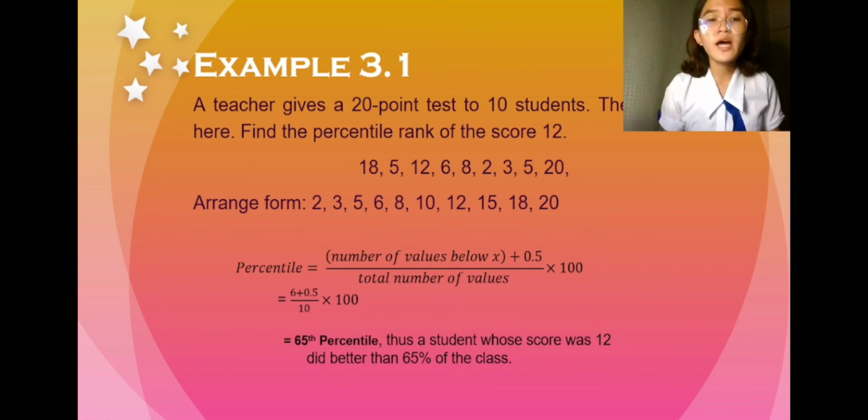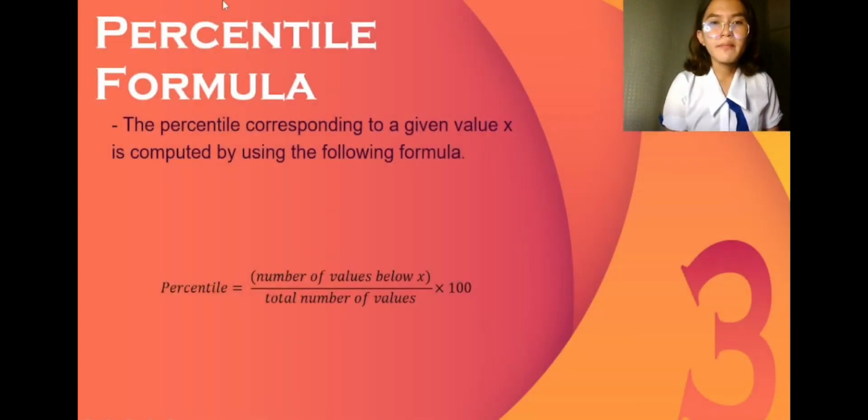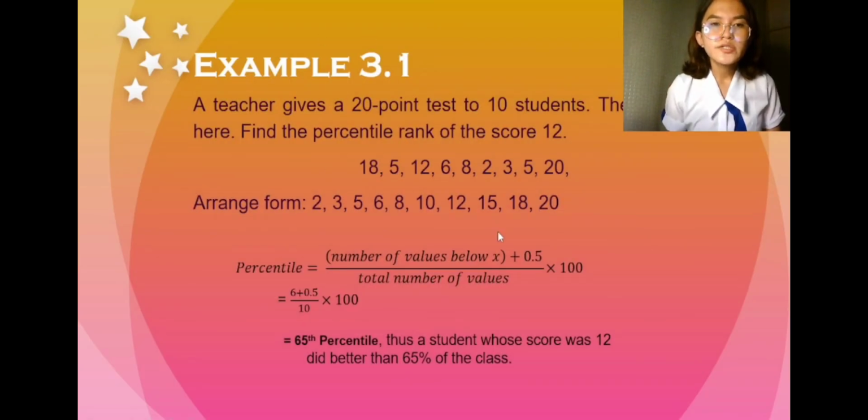Example 3.1. So to apply the percentile formula, I will give an example. Suppose a teacher gives a 20-point test to 10 students. The scores are shown here. Find the percentile rank of the score 12.